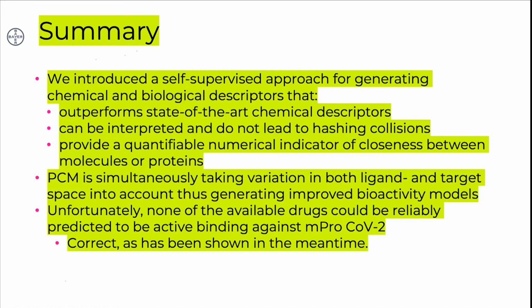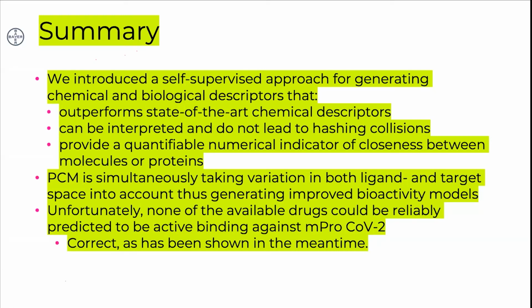We do not have any intermediate results so far, just a summary. I hope I can show you that we introduced a very nice self-supervised approach for generating chemical and biological descriptors. For the chemical descriptors, they outperform the state of the art, while having nice properties.